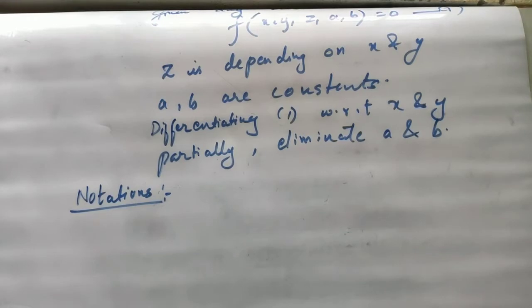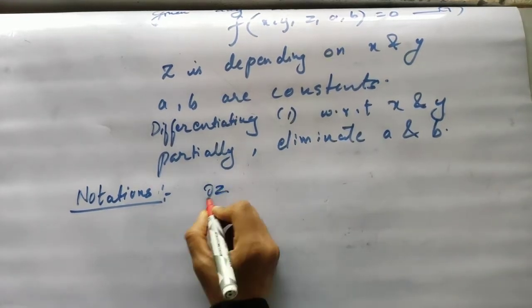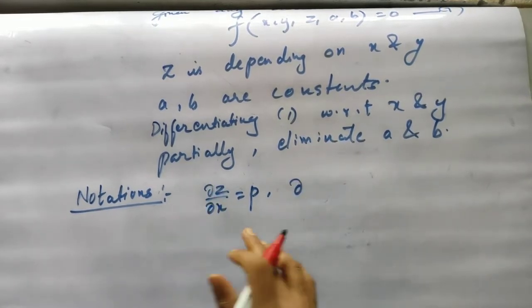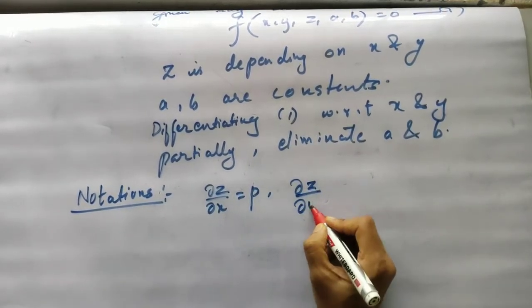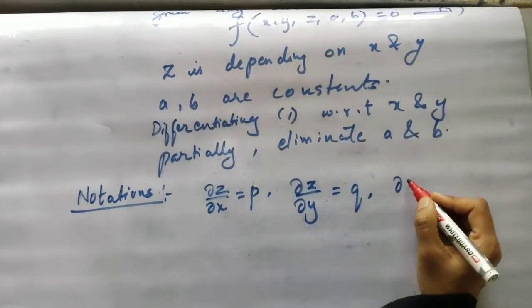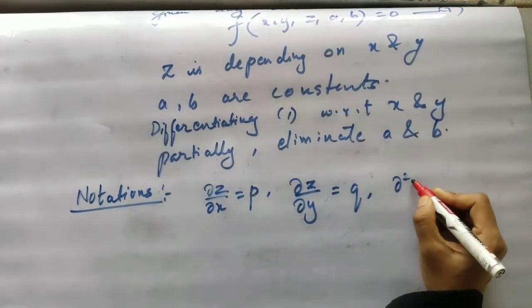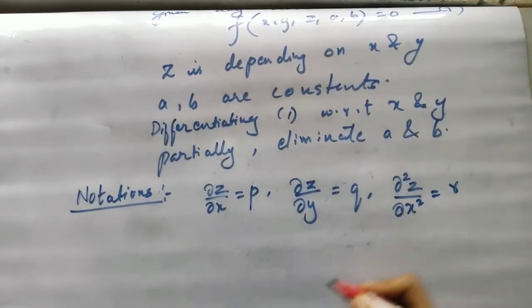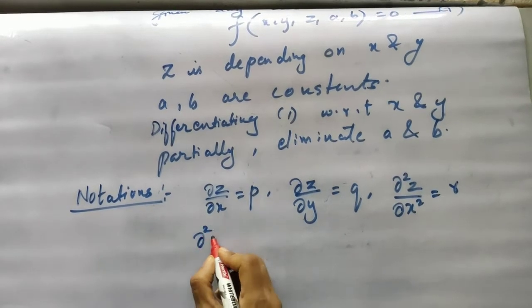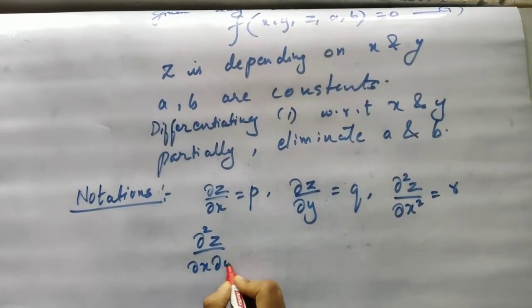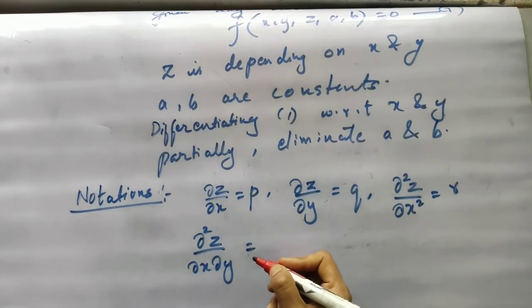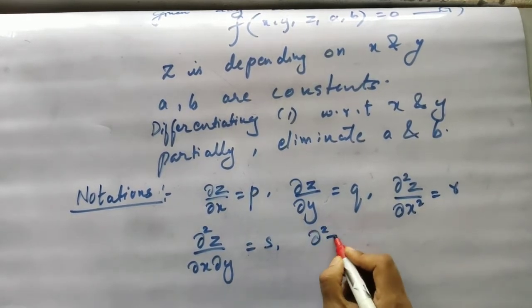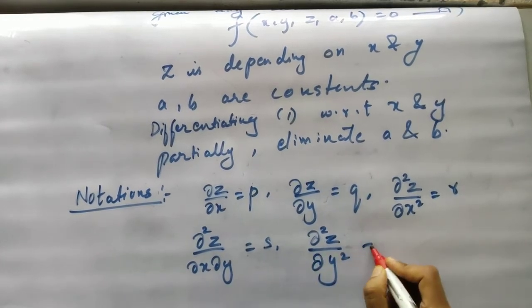We always denote ∂z/∂x as small p, ∂z/∂y as small q, ∂²z/∂x² as small r, ∂²z/∂x∂y as small s, and ∂²z/∂y² as small t.